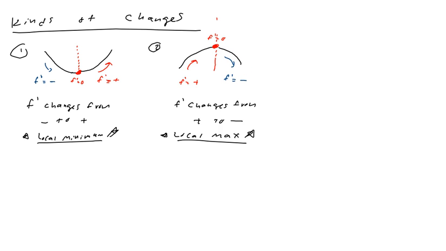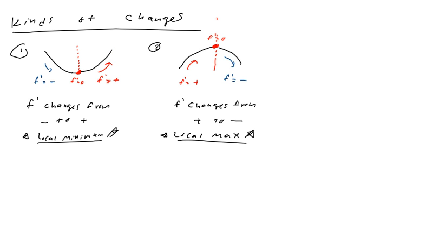You were a maximum. That's going over a hill. Here, f prime is negative 5, 4, 3, 2, 1, 0, and then positive 1, 2, 3, 4, 5 as it goes up. So those are some changes that can happen, going from negative to positive, positive to negative.